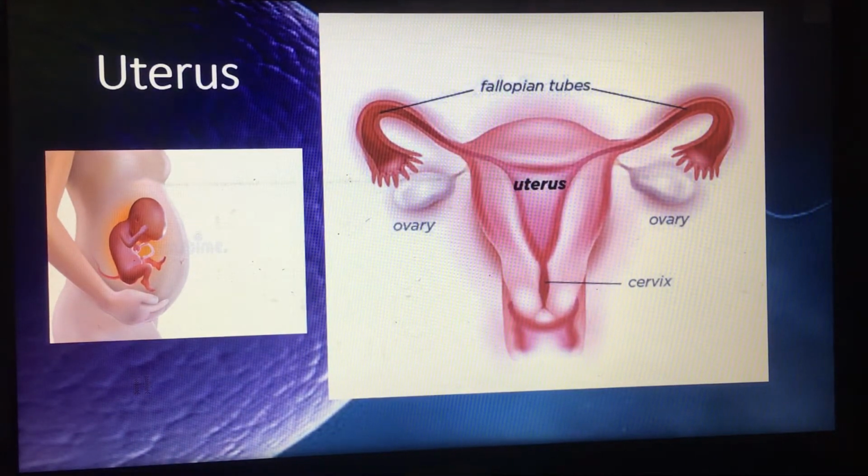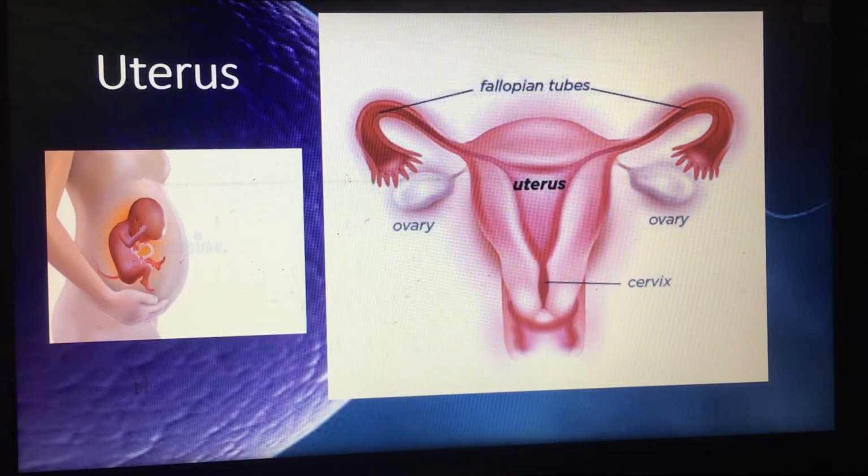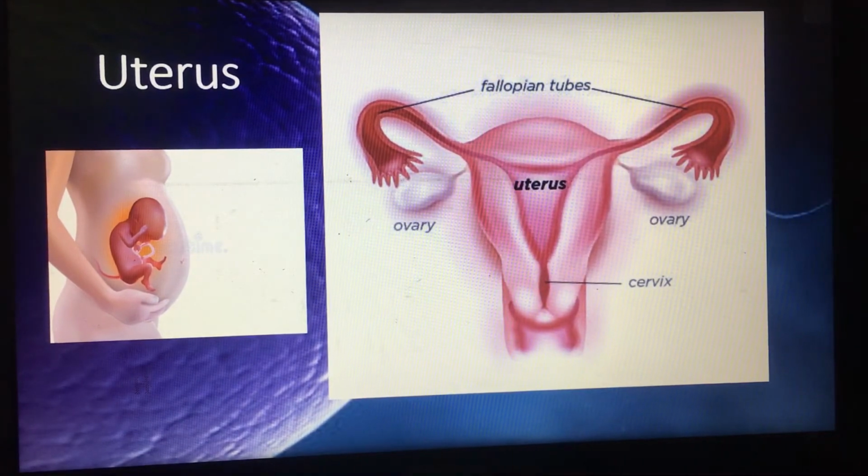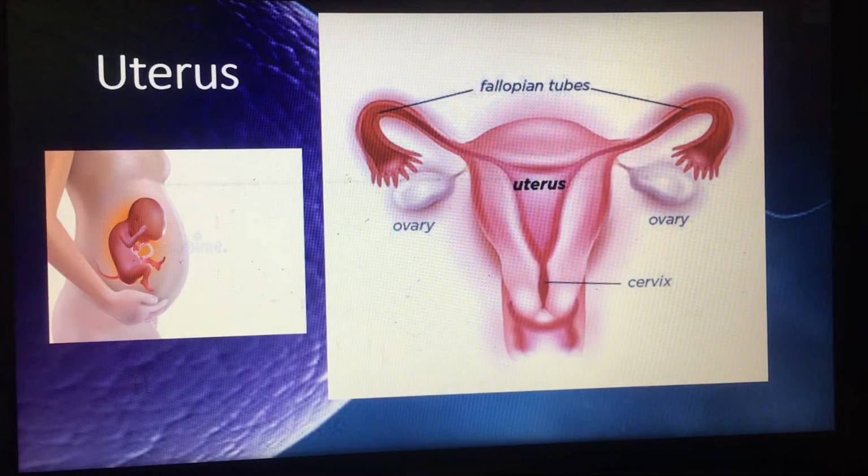Actually, in the uterus. The uterus is the organ where a baby grows during pregnancy, and it has strong muscular walls.